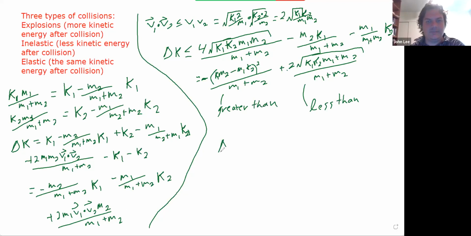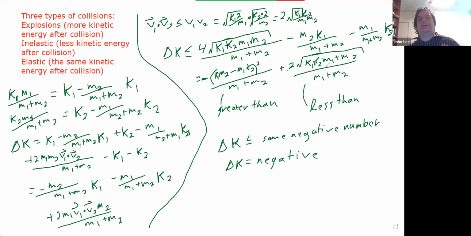So delta K is less than or equal to some negative number. So delta K equals negative.